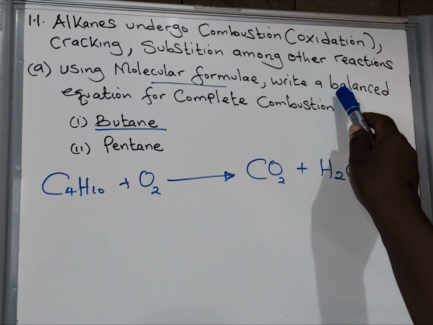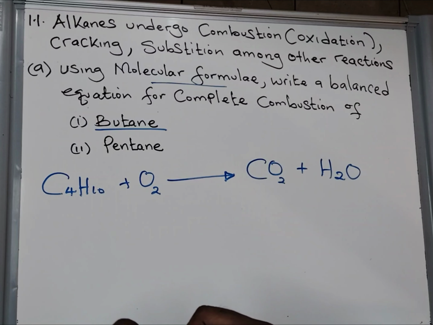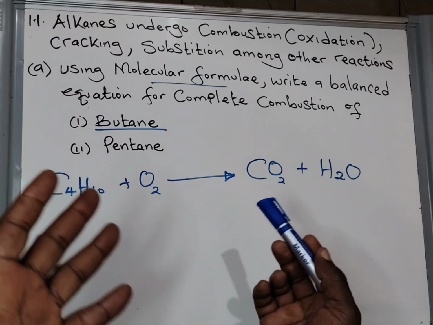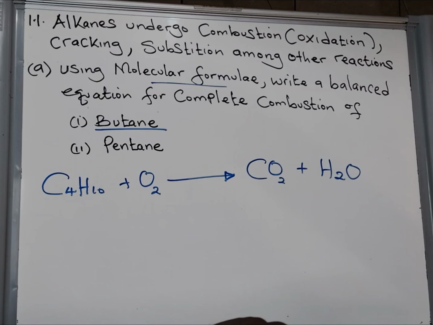And they said it has to be balanced. So how do we go about this? Okay, we are going to use this kind of approach for balancing. It might not be common to you, but I believe it's easier than all other methods, some of which require you to cram.